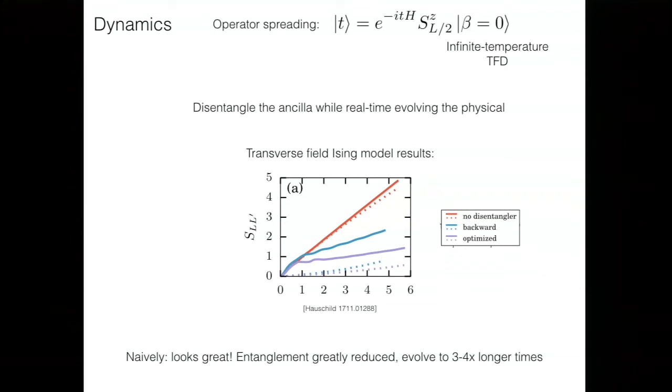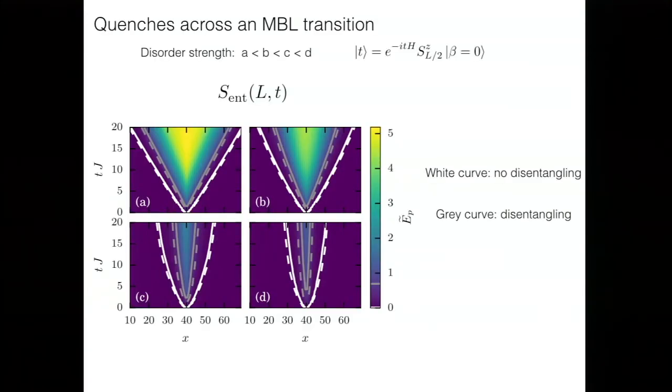We were very excited when we saw this, because naively, if you thought that the difficulty is basically set by the amount of entanglement, you could go out to times about 4 times larger than before the entanglement was comparable to the not disentangled one. So this would let you do real-time evolution or try and measure Lyapunov exponents and things out to much larger times than before.